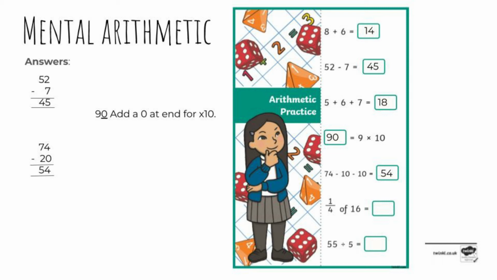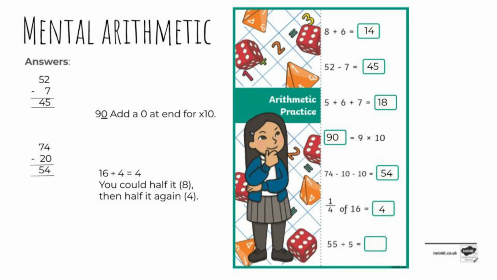This time, it's a quarter. To get a quarter, we can divide by 4. 16 divided by 4 equals 4. Another way is to half it and half it again, because half of a half is a quarter. So, a quarter of 16 equals 4.